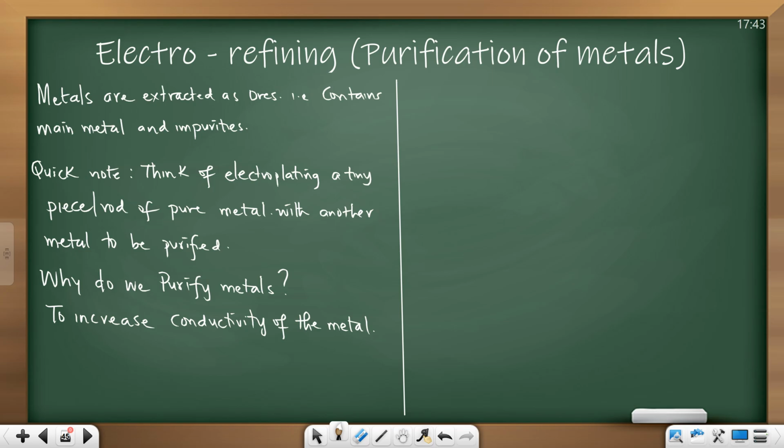So for example, copper: to increase the electrical conductivity, pure copper will transmit current better. Now, let's go back to that quick note. I want to look at it. That's purification of copper.